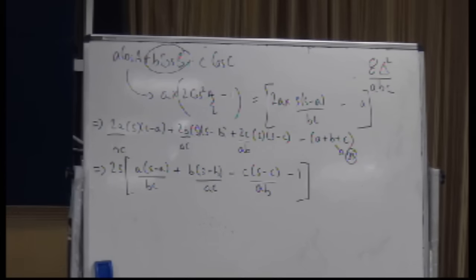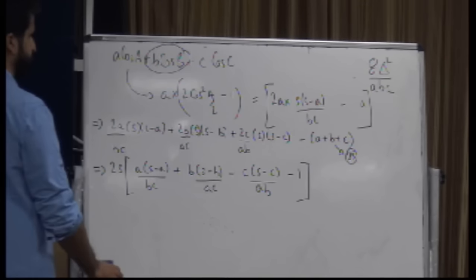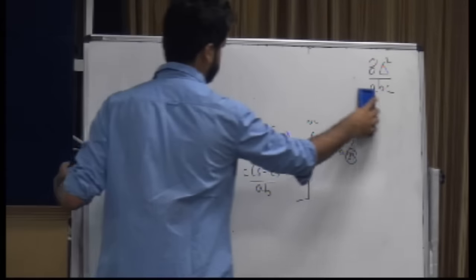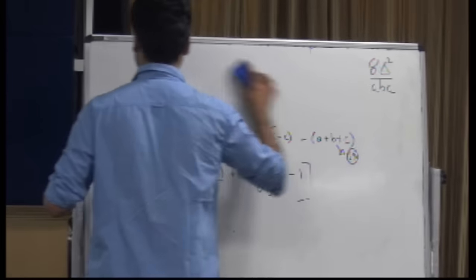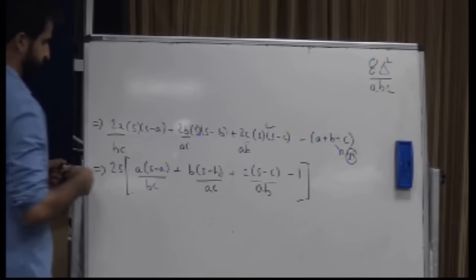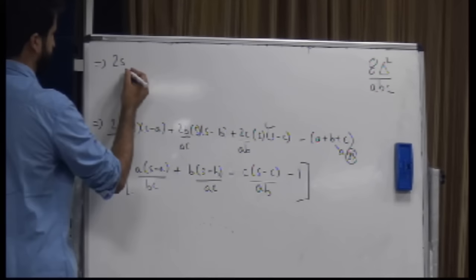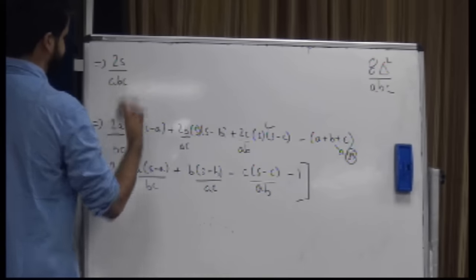What should we do next? Open the brackets. We take the LCM ABC because we already need that ABC LCM. So this is 2S upon ABC.